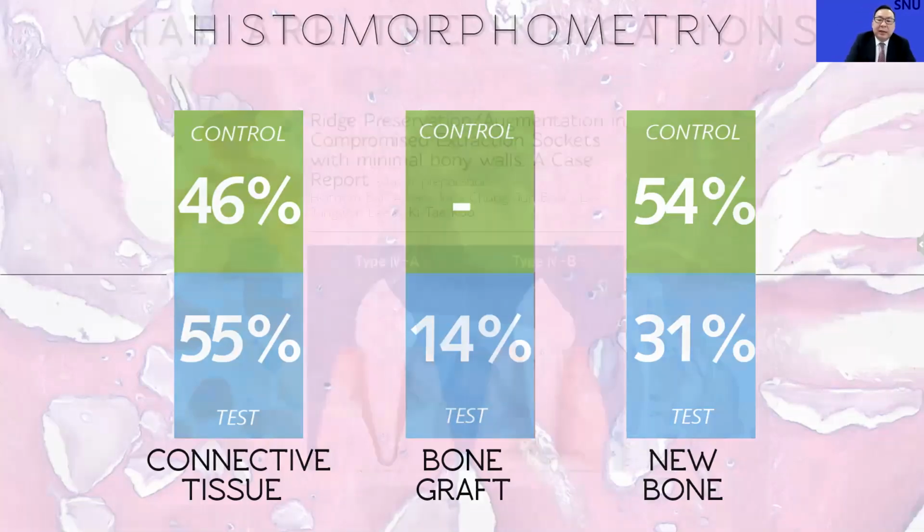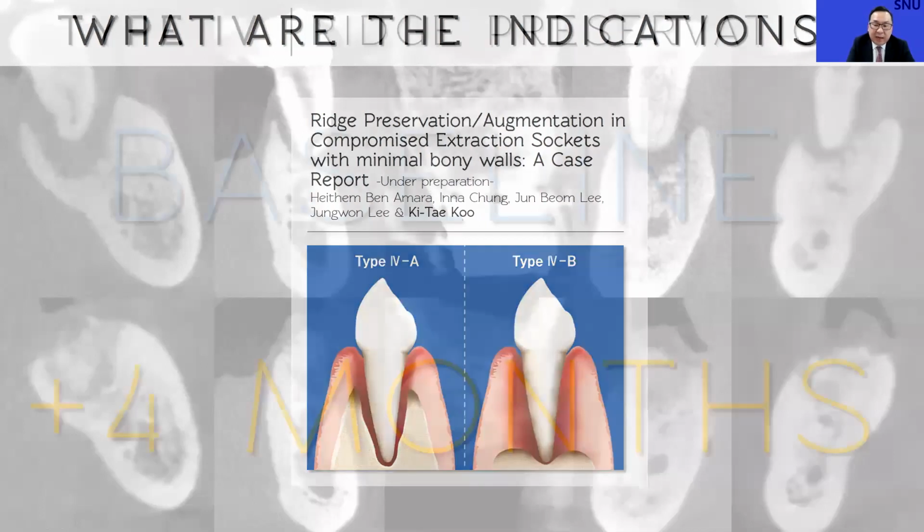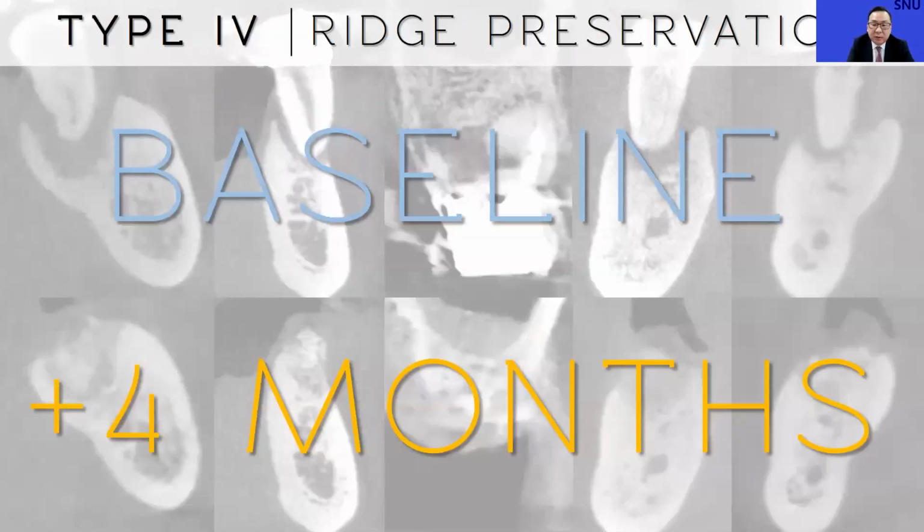And then after the RCT, we decided to write up a case report in our group with the most severe destruction in single sockets, I must stress, and show the histology as well. Here are the cases at baseline and 4 months when you compare the two.